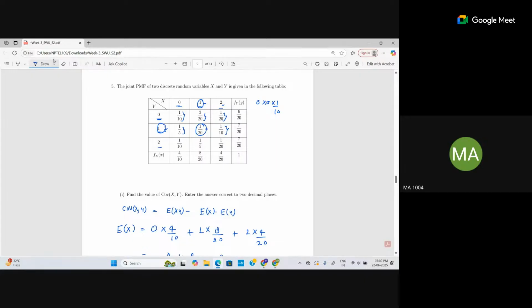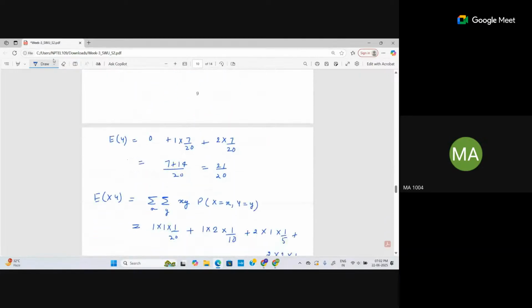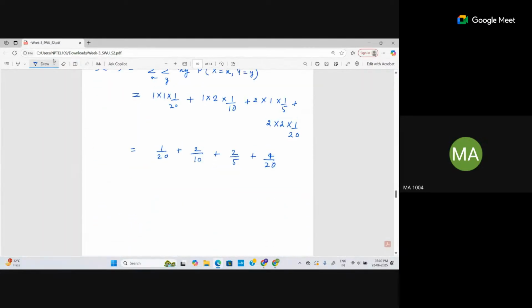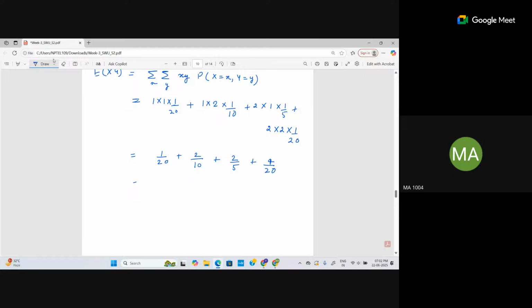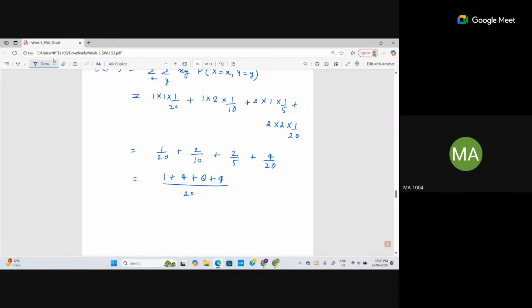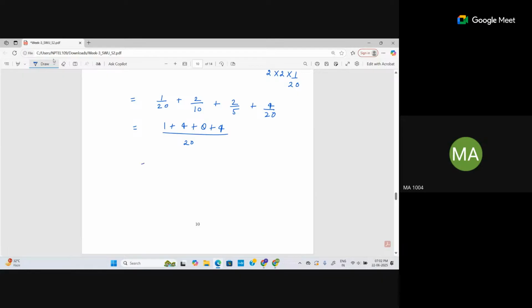In this way you have to take all the pairs and their corresponding probability and add them. Is it clear now? Yes. So this will become 17 by 20.